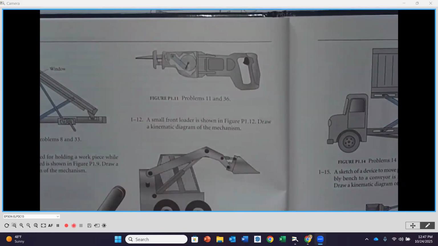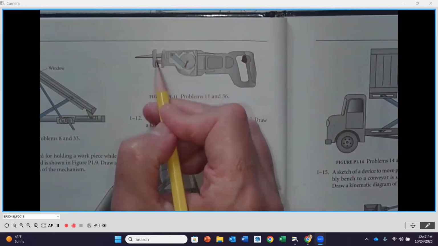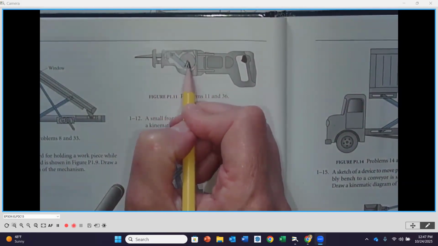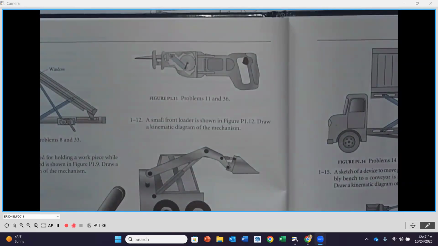It's not going to be bolted down to anything. But as we look at this mechanism, that center will not move, right? And that's really where the motor is, where the rotational motion is coming from. So that would be your frame or your anchor point. Sweet, thank you. You're welcome.